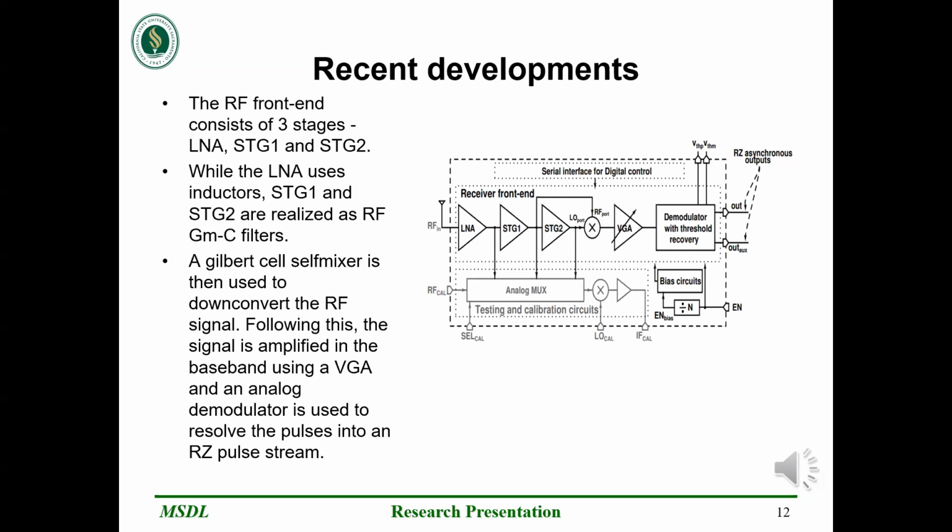A Gilbert cell self-mixer is then used to down-convert the radio frequency signal. Following this, the signal is amplified in the baseband using a VGA, and an analog demodulator is used to resolve the pulses into an RZ pulse stream.